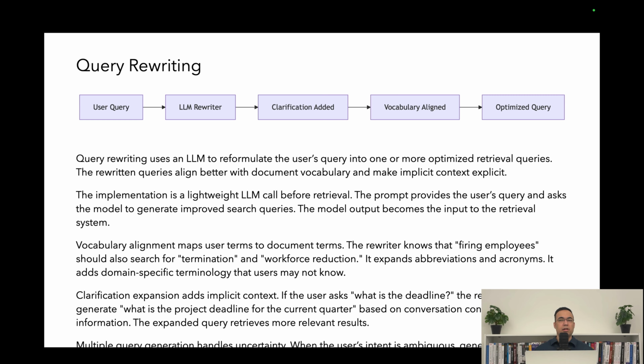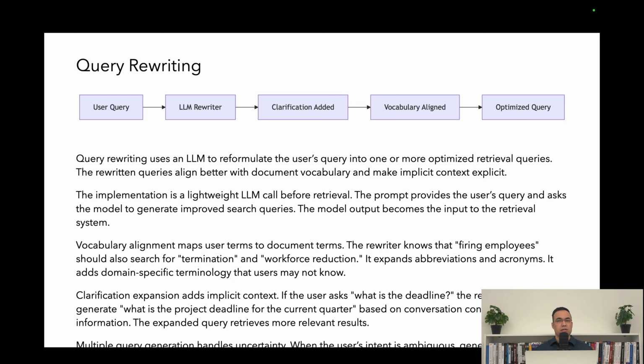First, vocabulary alignment. The rewriter knows that "firing employees" should also search for terms like termination and workforce reduction. It expands abbreviations and acronyms. It adds domain-specific terminology that users may not know. Second is clarification expansion.